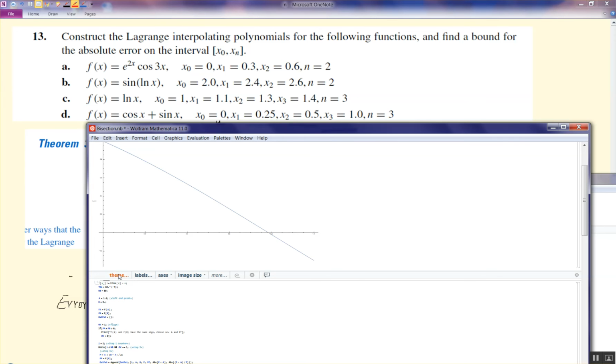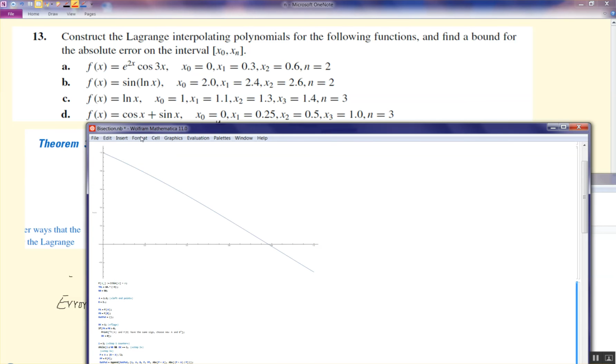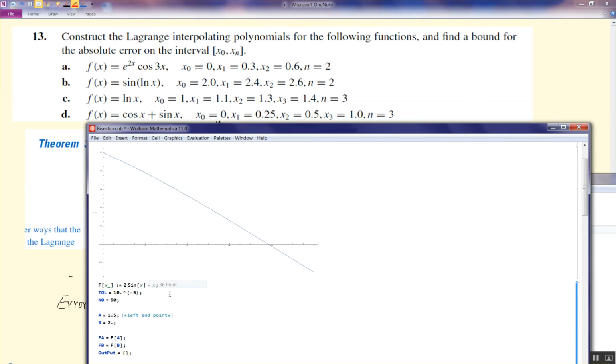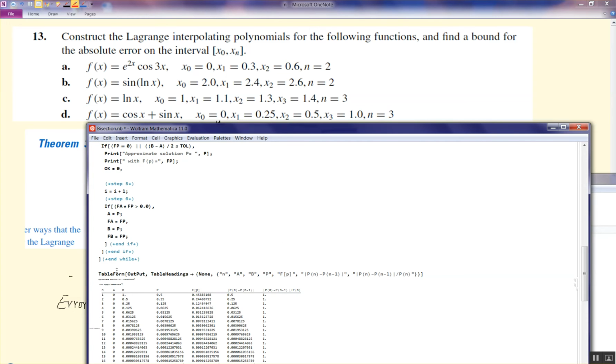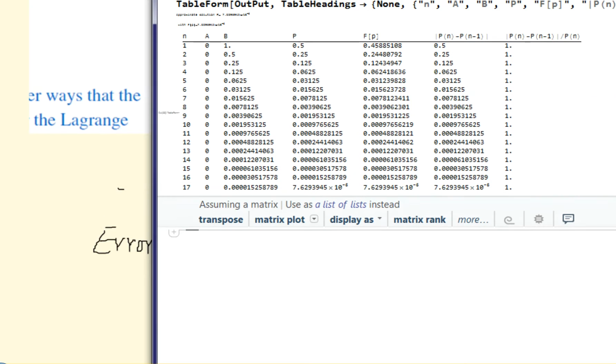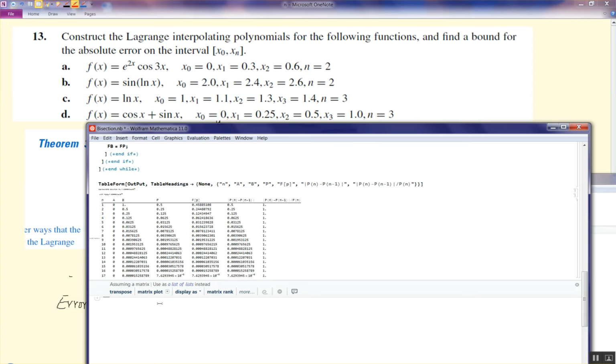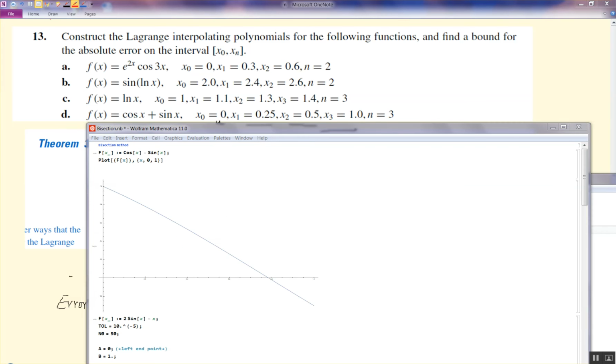Now all I have to do is type in the initial values. So let me make this bigger. My initial interval is from 0 to 1. I can see that this should work because the function is positive at 0 and at 1 it's negative. So I just run it, and my program tells me, let me take a look at my program here.